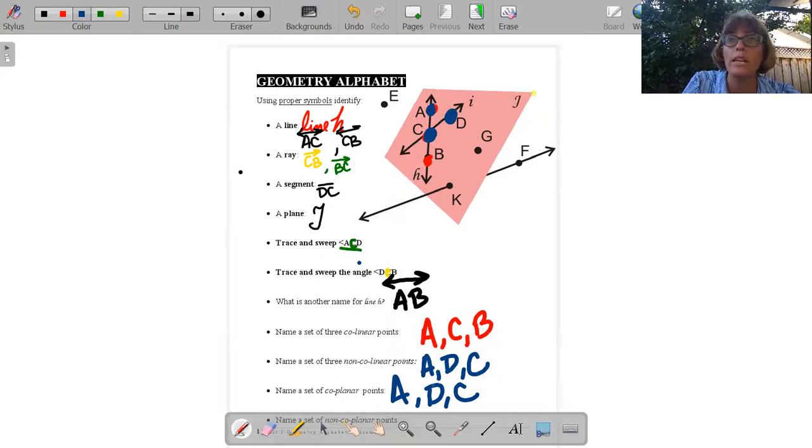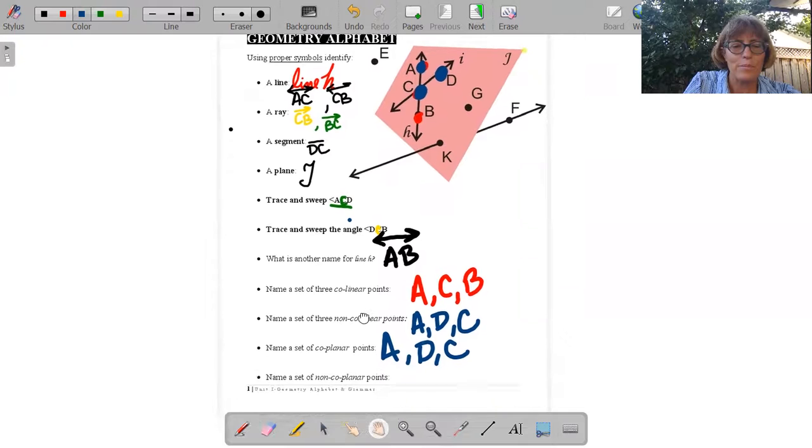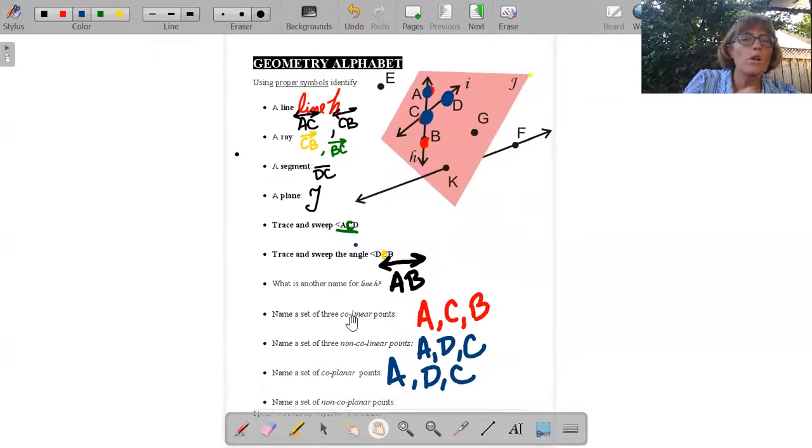They're non-collinear, not on the same line, but they are on the same plane. A set of non-coplanar points would be like this: G, K, and then F is completely off the plane. G, K, F.